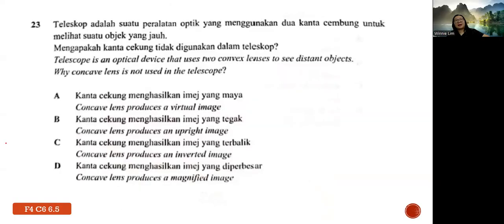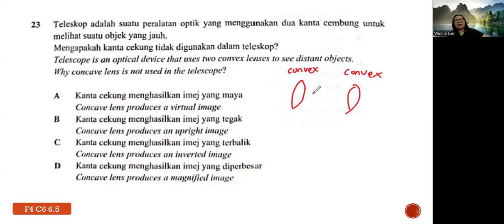23. A telescope is an optical device that uses two convex lenses to see distant objects. Why is a convex lens, not a concave lens, used in a telescope? So if you have the concept on telescope, and you follow my idea, I always tell you under the ray diagram, for convex lens, you have 6 characteristics, right?